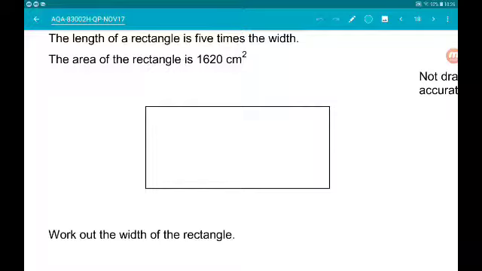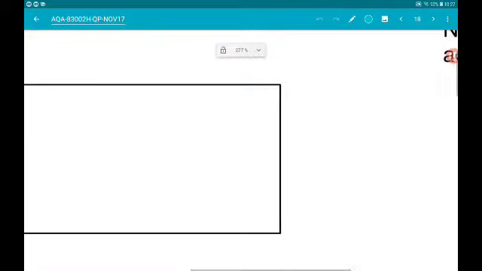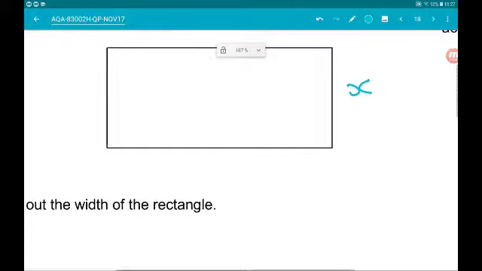Okay, so we are told the length is 5 times the width. So what do we like to call things in maths when we don't know what they are? Other than a pain in the ass, we like to call them x. So let's call the width x. Now the length is 5 times the width, so that is 5x.